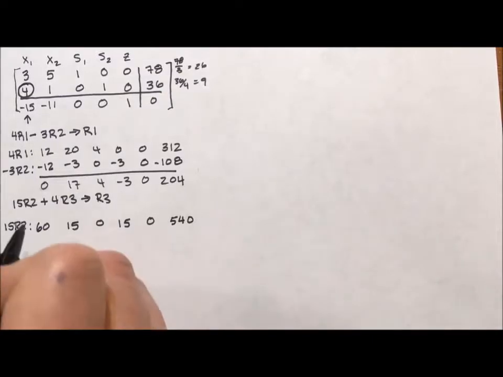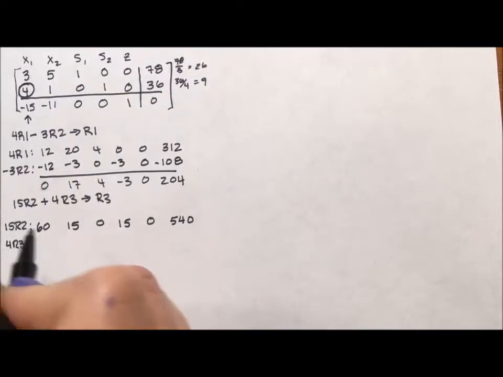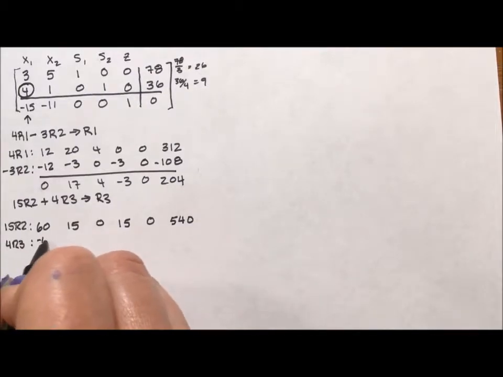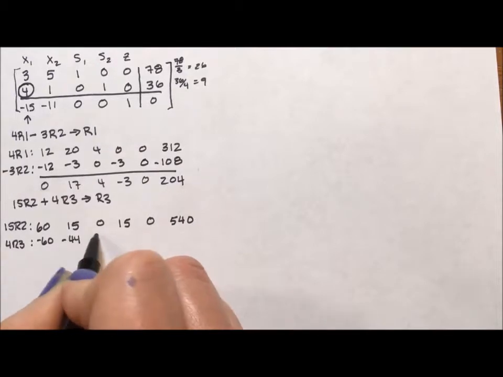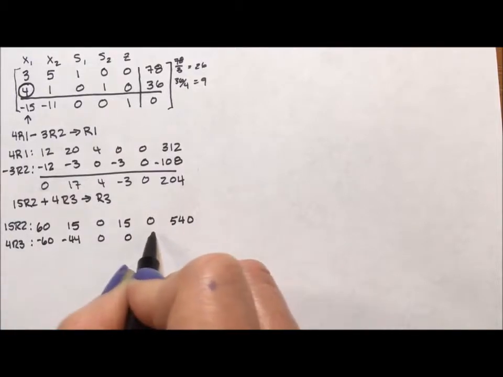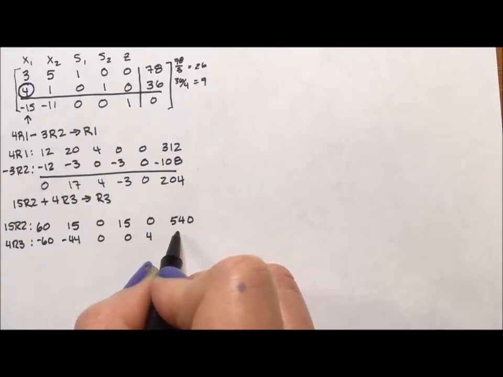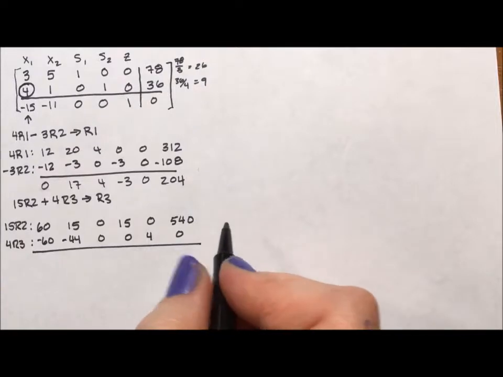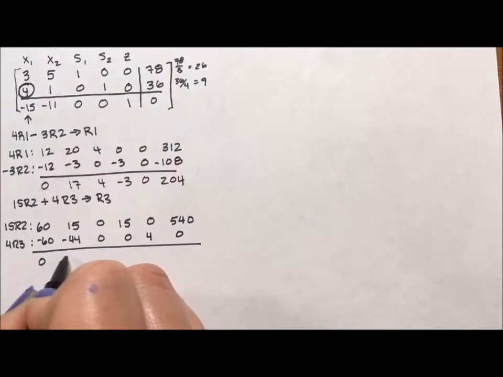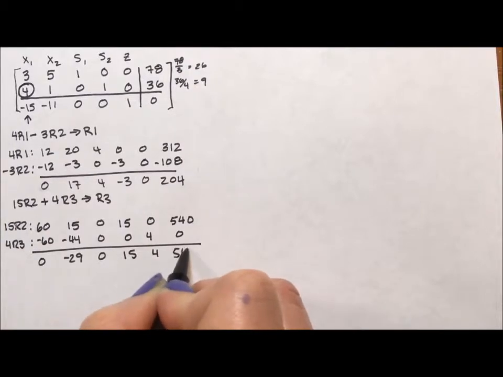And then I'm going to do 4 times row 3. 4 times row 3 is going to be negative 60, negative 44, 0, 0, 4, and 0. When I add down, I'm going to get 0, negative 29, 0, 15, 4, and 540.